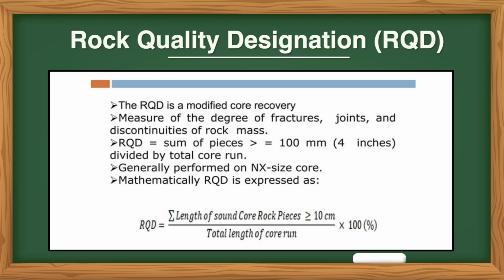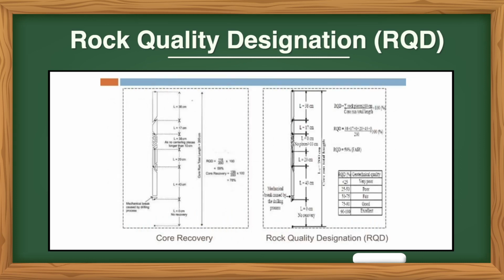Mathematically, RQD is expressed as RQD equals summation of length of sound core rock pieces greater than or equal to 10 centimeters upon total length of core run, times 100%. You can see on the figure the schematic figure of RQD, in which core recovery and rock quality designation RQD are shown. Thank you.